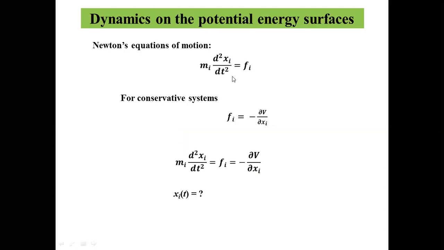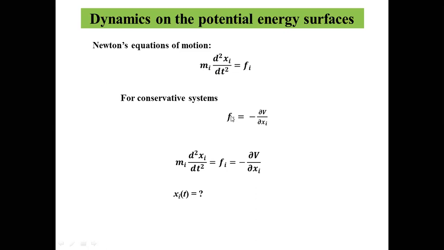So here, mass m is the mass of the particle, xi are the Cartesian coordinates, and mass times acceleration is nothing but the force. Right? So that is the relation. Now, conservative systems are those for which we can derive the force from the potential. Of course, the relation is that the negative derivative of the potential with respect to the coordinates is nothing but the force.